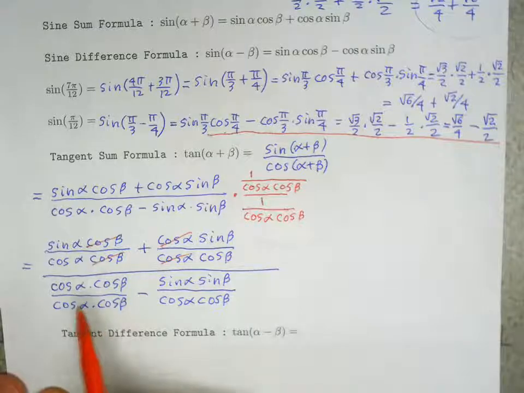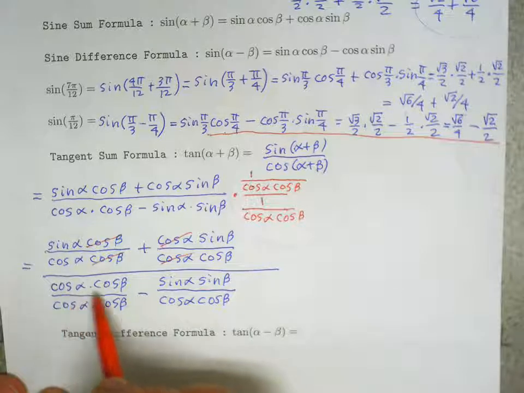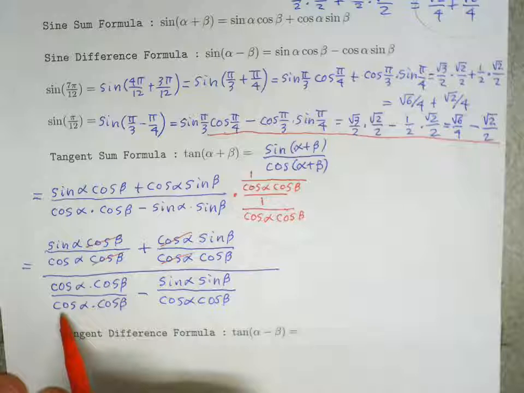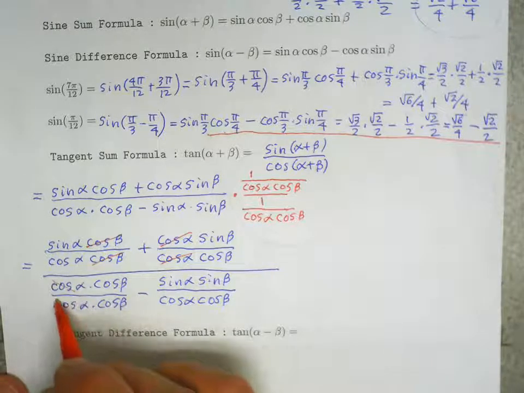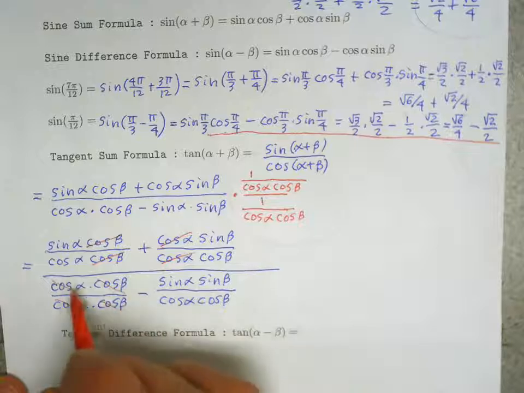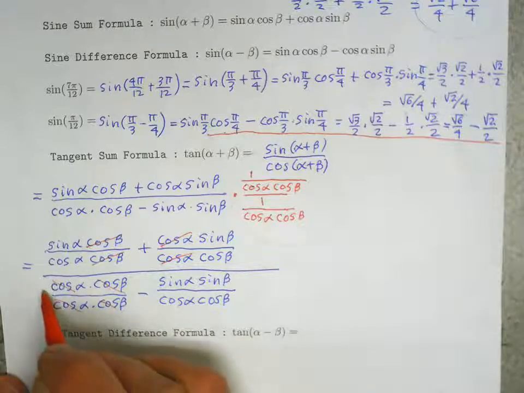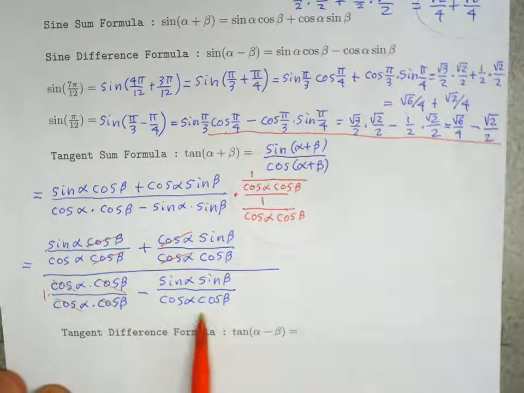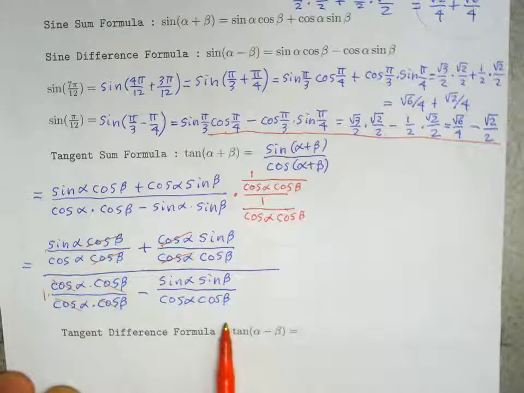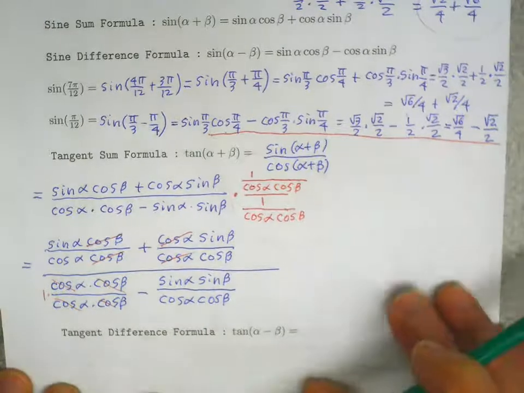In the denominator, cosine of alpha times cosine of beta divided by cosine of alpha times cosine of beta, this reduces to a factor of 1. So remember, the factor 1 stays behind. And then in the lower right, well, we don't get any cancellations, but that's okay.